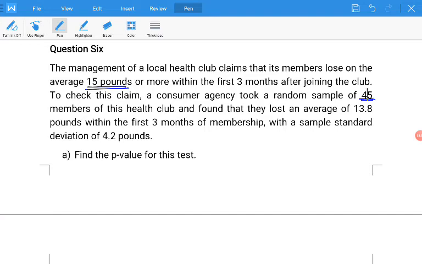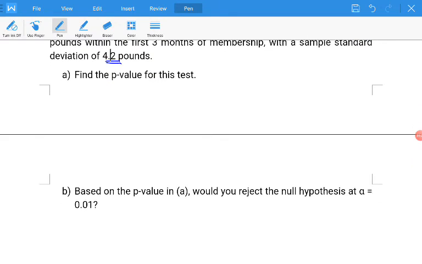So our n is equal to 45 members of this health club, and found out they lost on average 13.8. So this is x bar within the first 3 months of membership, with the sample standard deviation of 4.2 pounds. So the question is, find the p-value for this test.